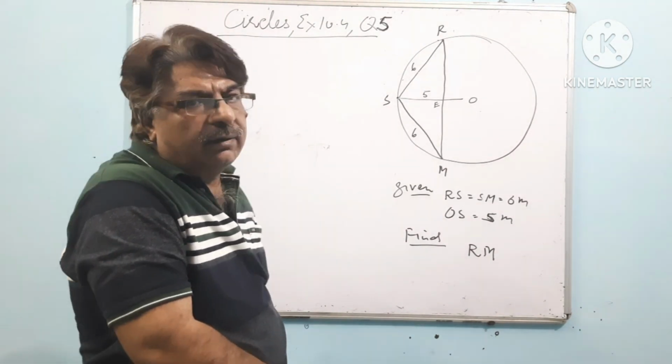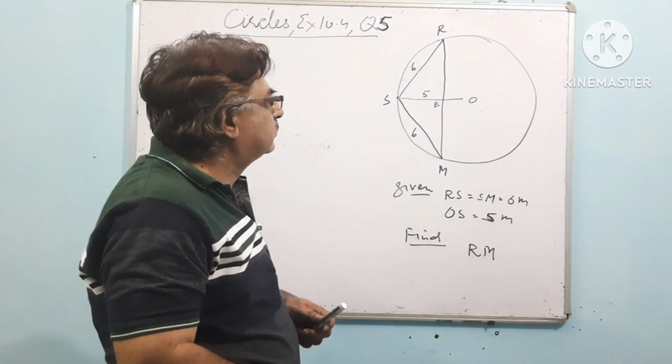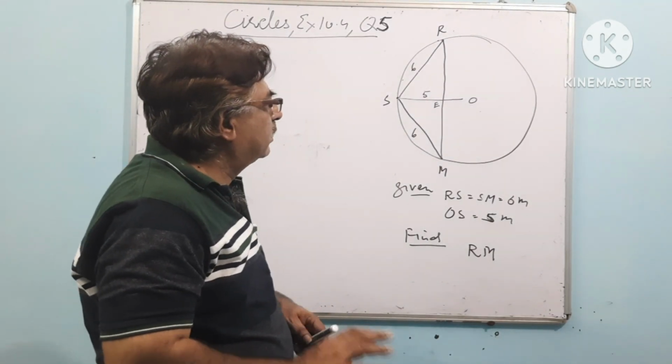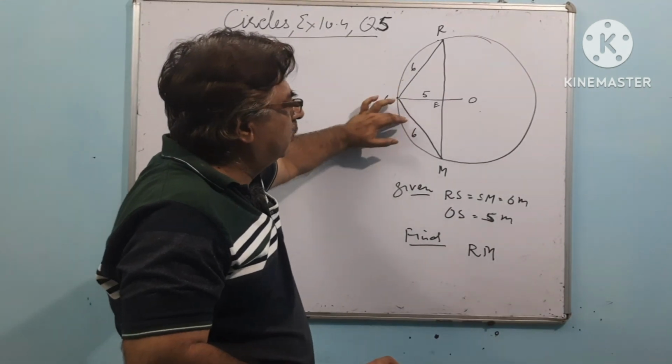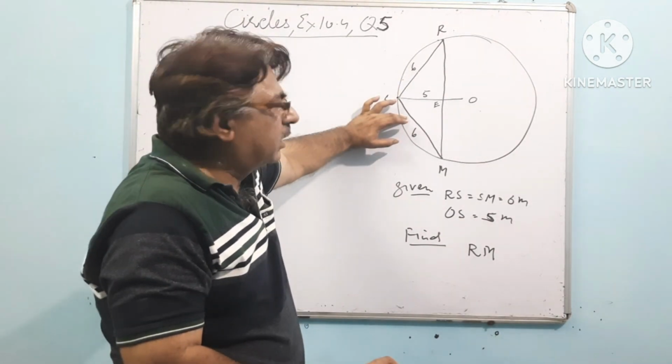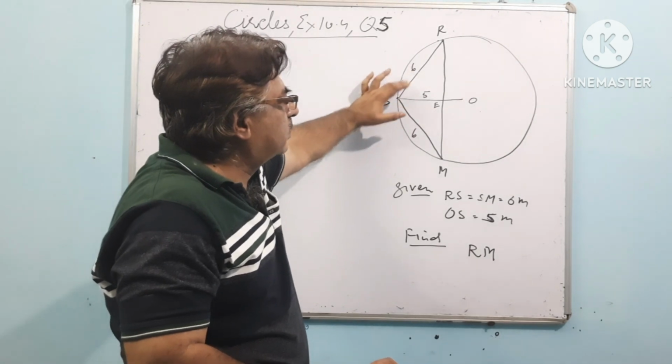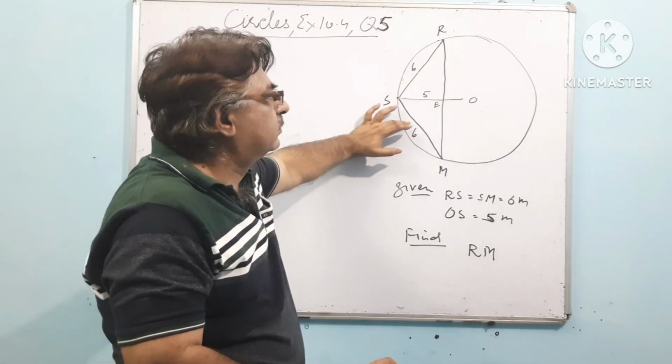First of all, we have to understand that these are two equal chords in the circle, each 6 meters in length.